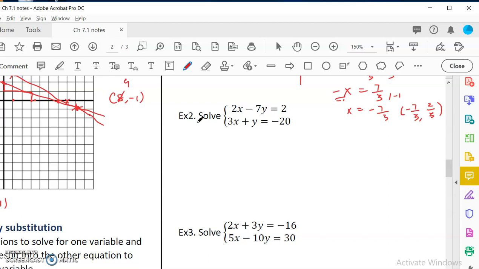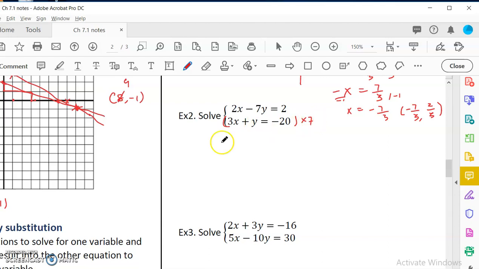You can multiply by anything you want. But it seems like if you multiply 2, it can't become 3, right? But if I multiply 1y by 7, I can make it 7y and a -7y. They will be opposite. You can pick whatever you want, but pick the one that is easy to do.